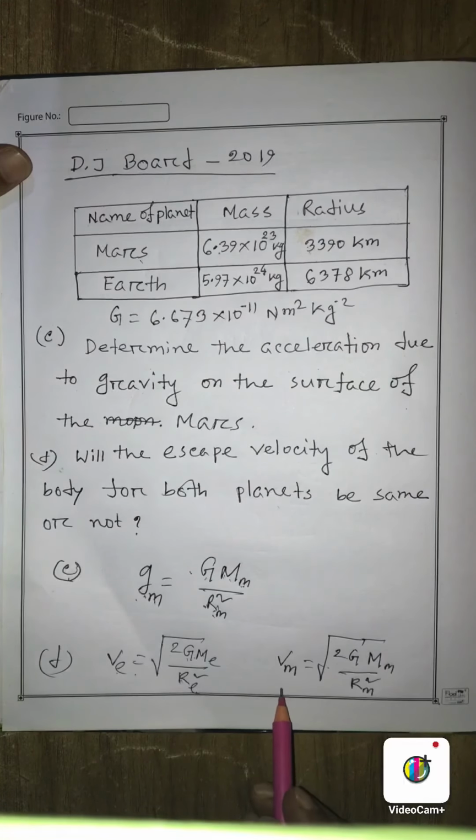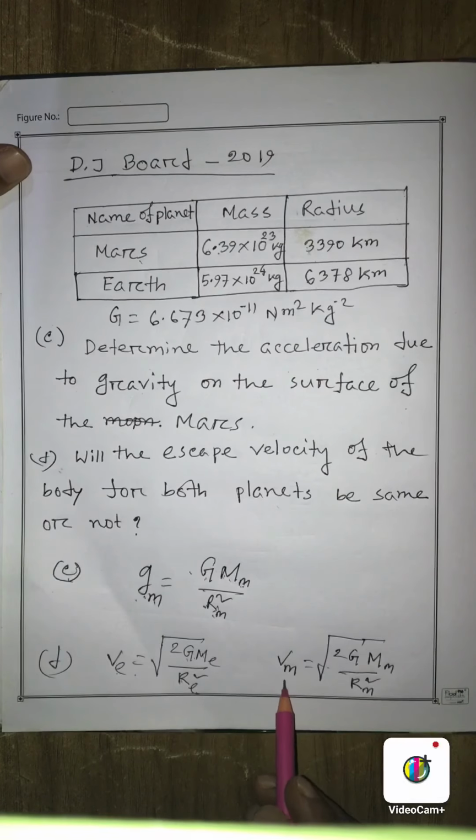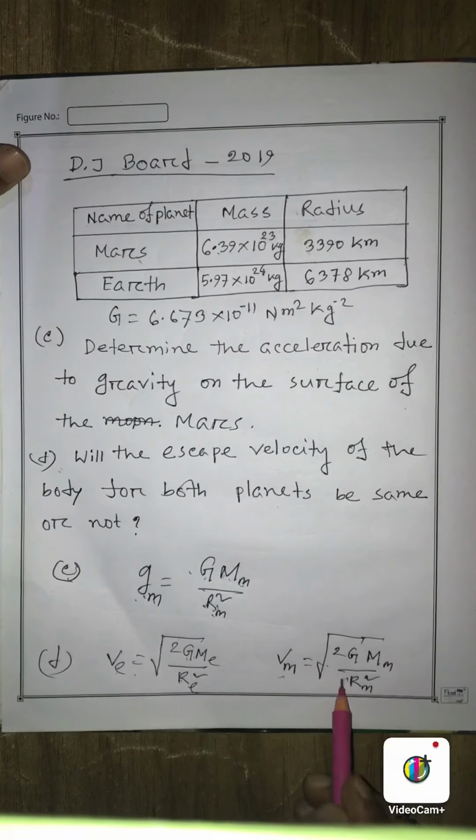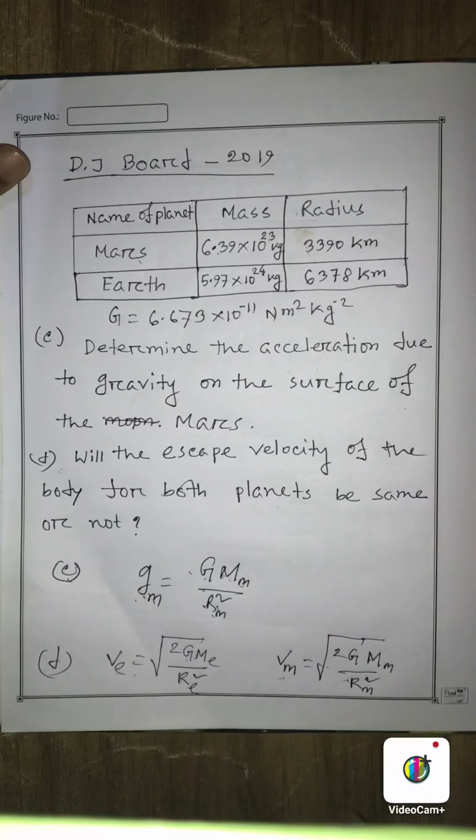Similarly, we will calculate the escape velocity for the planet Mars. Here M_m is the mass of Mars and R_m is the radius of Mars. Using these two formulas, we will calculate the escape velocity for Mars and Earth. Then we decide on which planet the escape velocity will be greater, smaller, or the same.